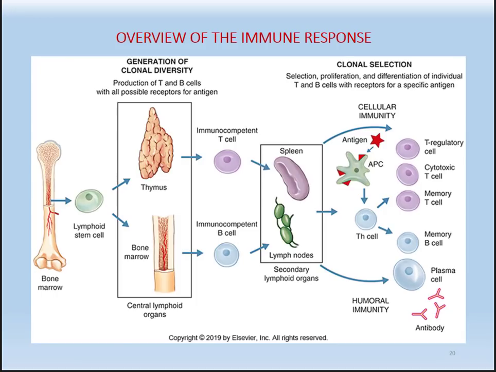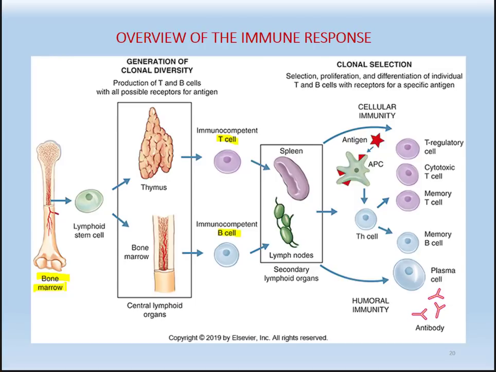So let's have a look at an overview of our immune response. And some of these terms will be familiar to you from anatomy and physiology, but we have really two main responses: B cell responses and T cell responses, which I'll highlight here. Now remember, all blood cells are produced initially in bone marrow.